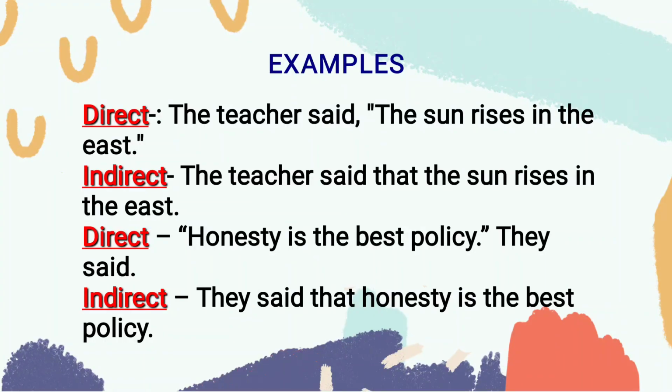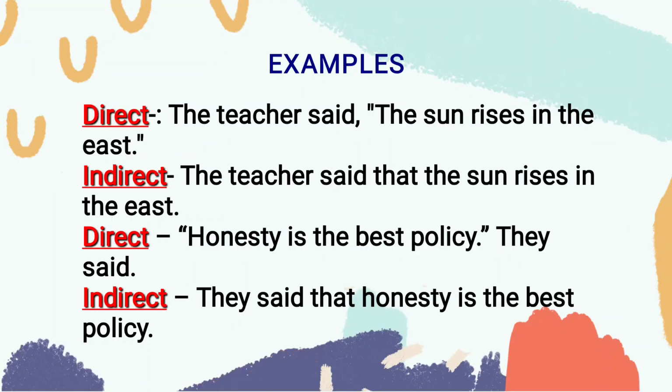Direct: The teacher said, "The sun rises in the east." That is a universal truth. So, in indirect speech, we cannot make a change in tense. The teacher said that the sun rises in the east. Another sentence. "Honesty is the best policy," they said.